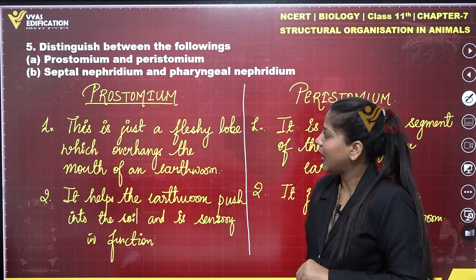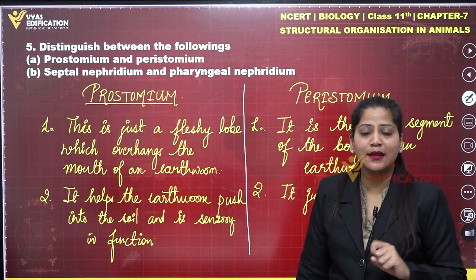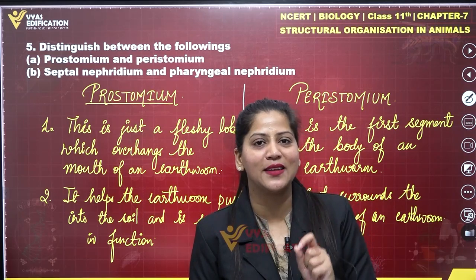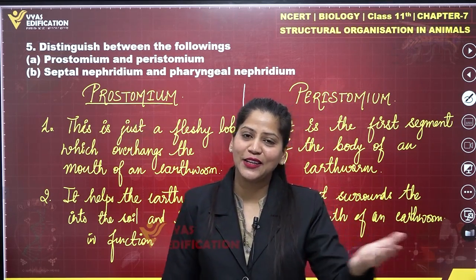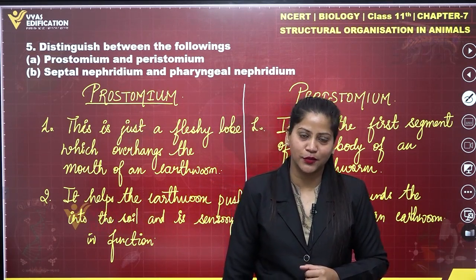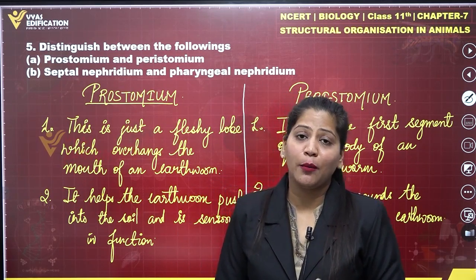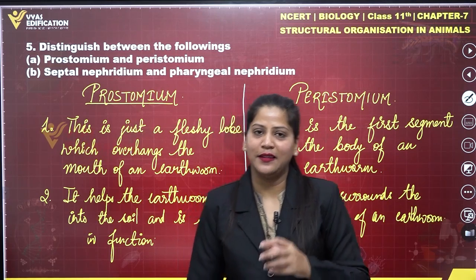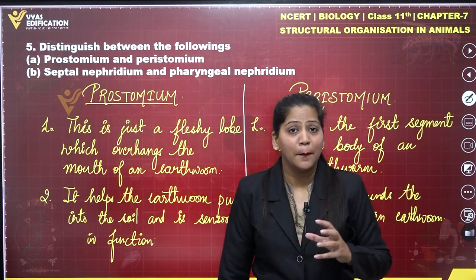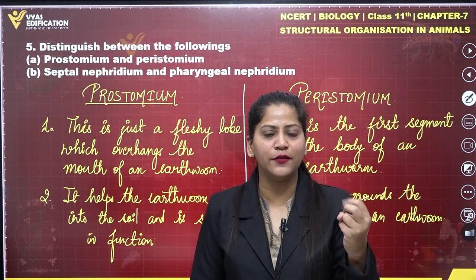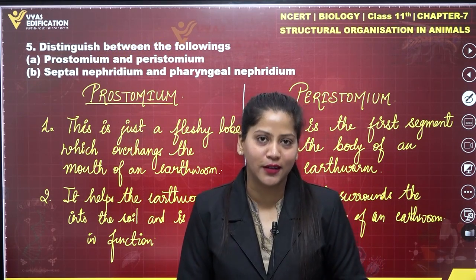Septal nephridia are present on both sides of intersegmental septa, behind the 15th segment of earthworm, and they open into the intestine. Pharyngeal nephridia are present as three paired tufts in the 4th, 5th and 6th segment of earthworm.